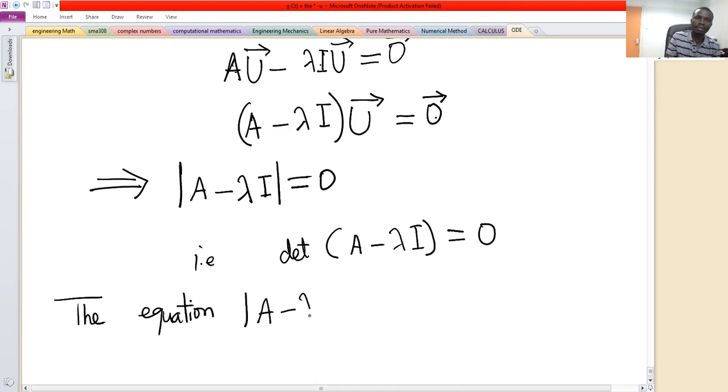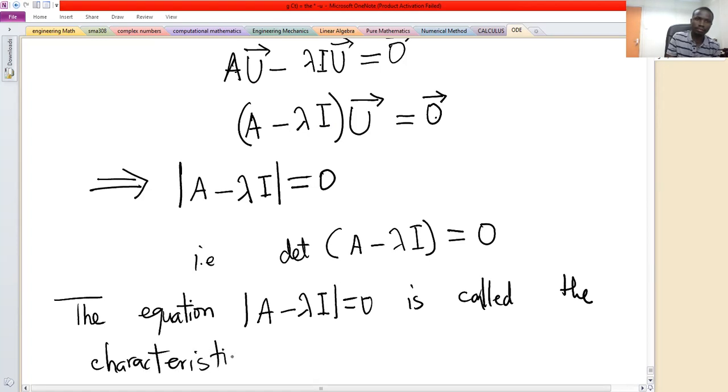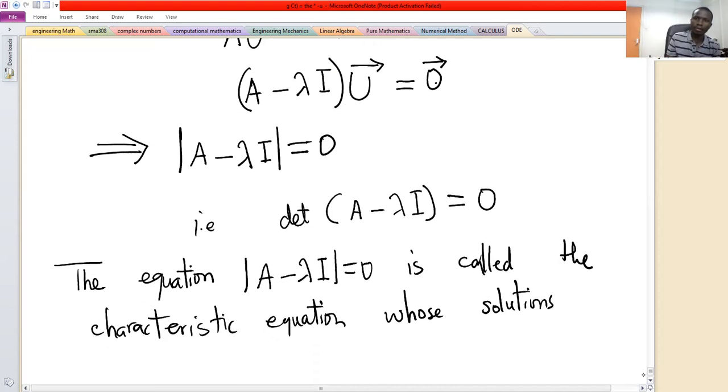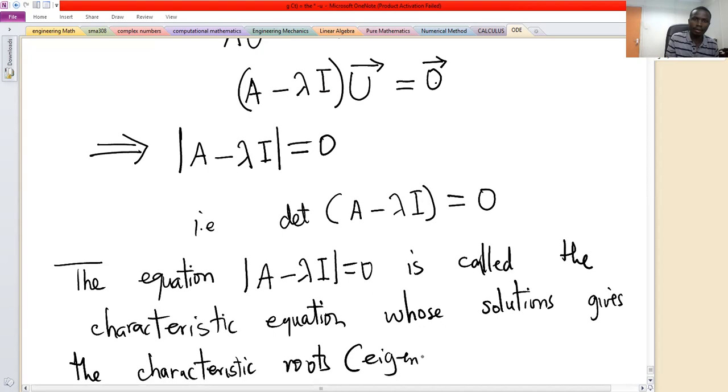And the equation determinant of A minus lambda I equals 0 is called the characteristic equation, whose solution or solutions give the characteristic roots, or simply the eigenvalues.